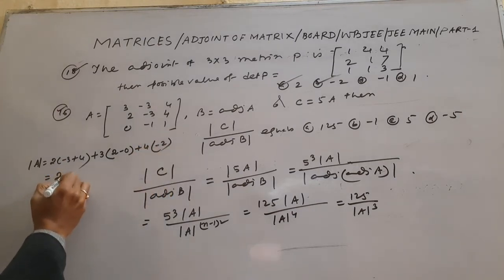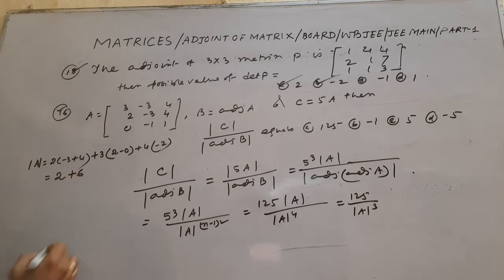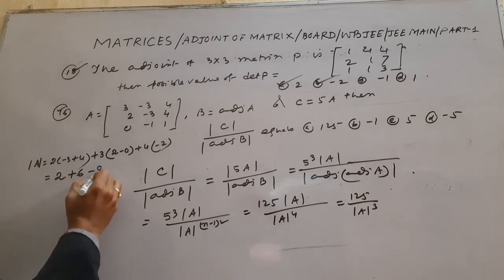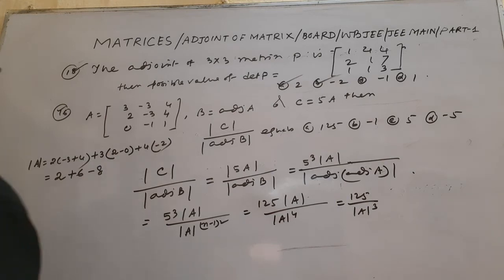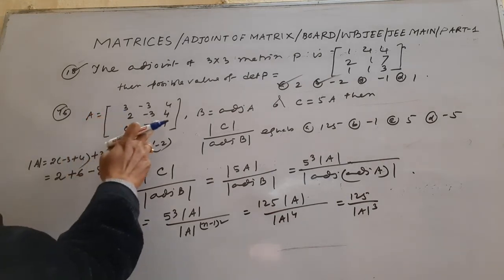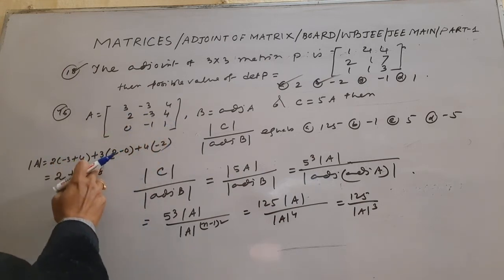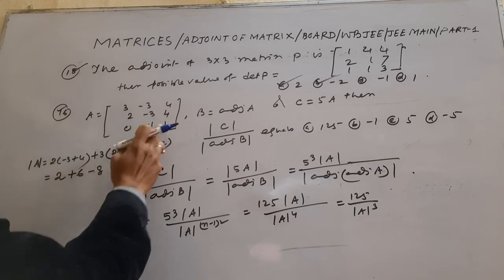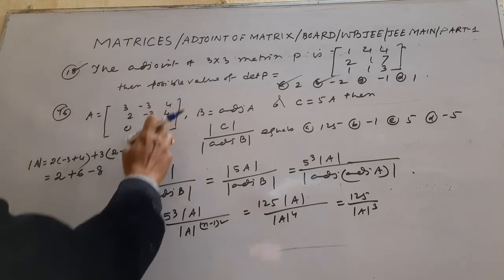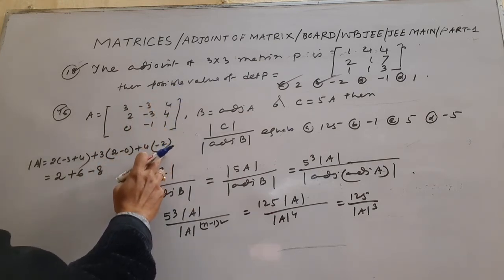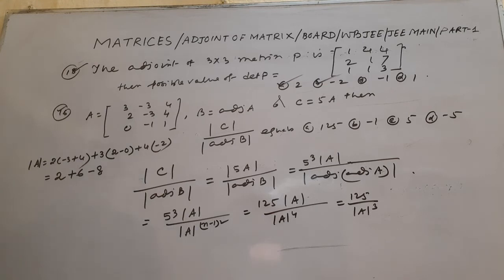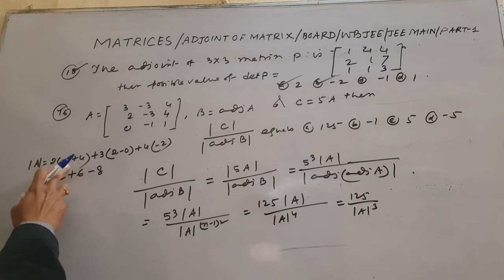So this is 2, this is 6, this is minus 8. So we are getting 0. So let us verify. 3 into minus 3 plus 4 plus 3 into 2 minus 0, 4 into minus 2. So this is 3 into 2, 6. This is plus 1, so 2.